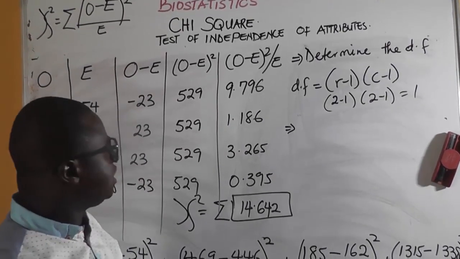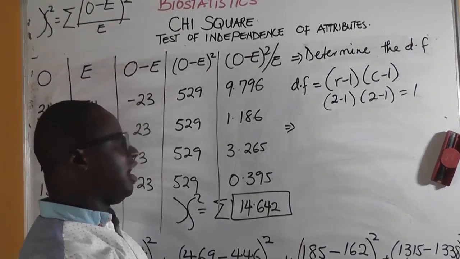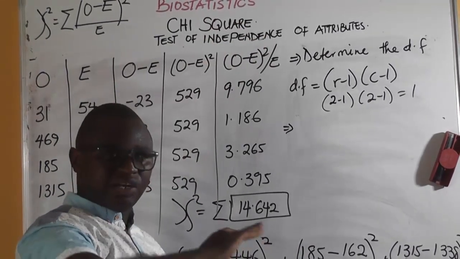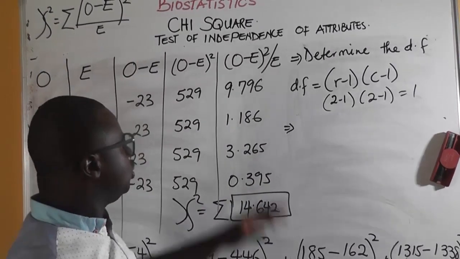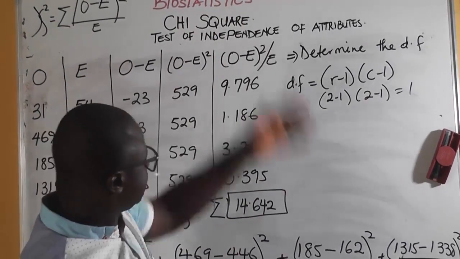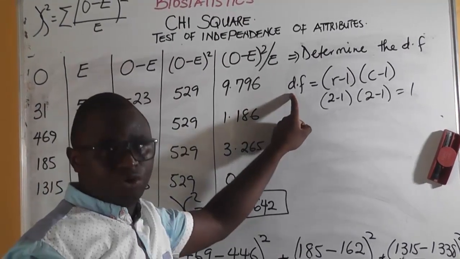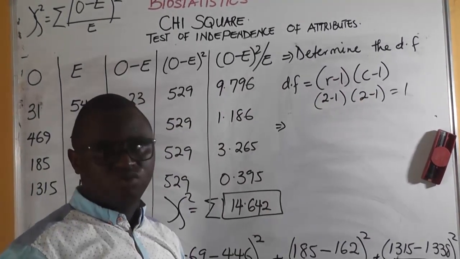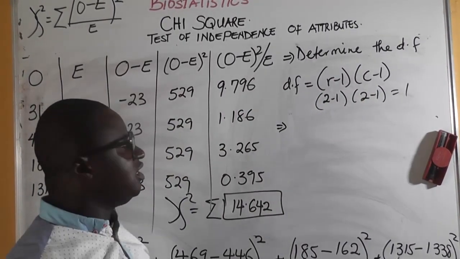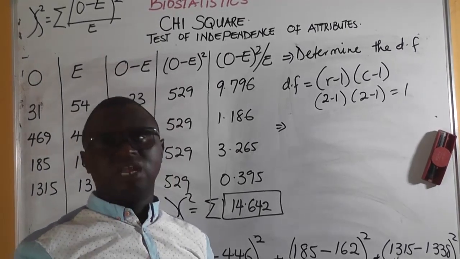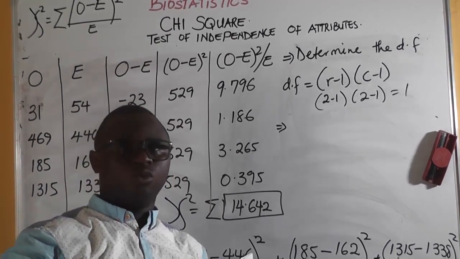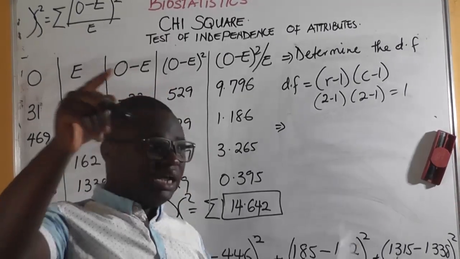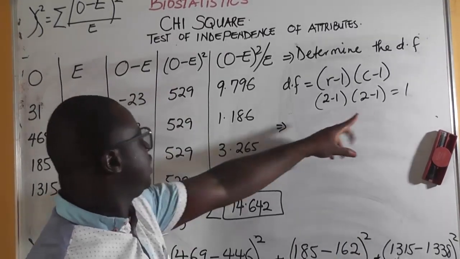When you go to the chi-square table, you know it has a vertical axis and a horizontal axis. On the horizontal axis, you see your degrees of freedom, and on the vertical axis, you see your alpha values. Since we are using 5% level of significance, which is equivalent to alpha value of 0.05, you check it, and then you check for degrees of freedom 1.